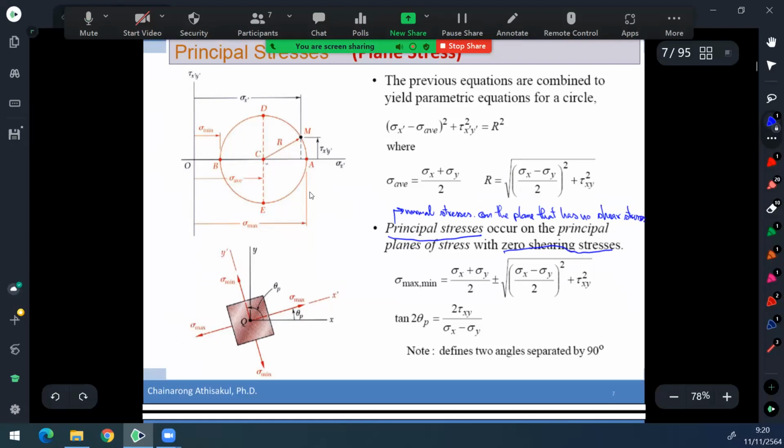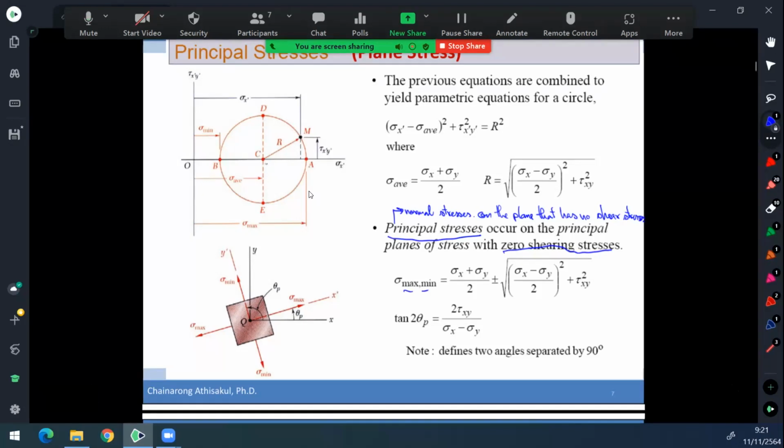Okay, so this is the definition of the principal stress. The principal stress is the normal stress on the plane that has no shear stress. And then we found that on the plane that has no shear stress, it becomes the maximum and minimum of the normal stress. Okay, that is what we can determine from the Mohr circle also. Actually, when we transform the stress at the point, we will have shear stress on that plane. Okay, we found that it is the maximum and minimum.